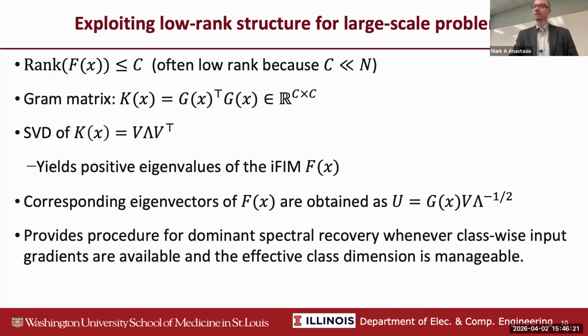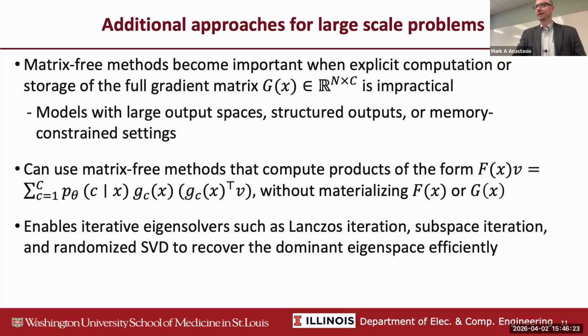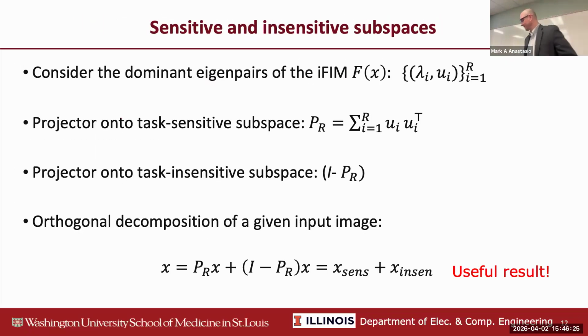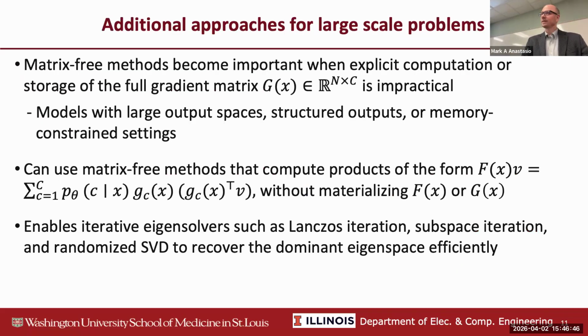If C is 5, let's assume that we have 5 dominant directions, so there are 5 eigenvalues of that matrix that are non-zero or have significant values. But the dimensionality of the input is the number of classes, right? No, it's not the number of classes. It's the number of pixels. Yeah, that's right.